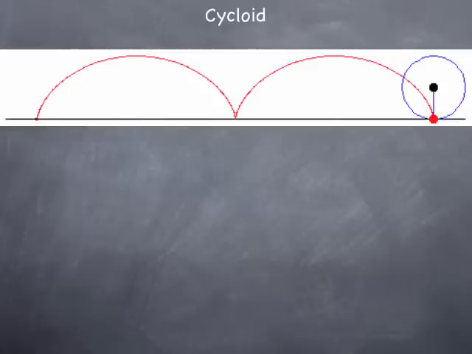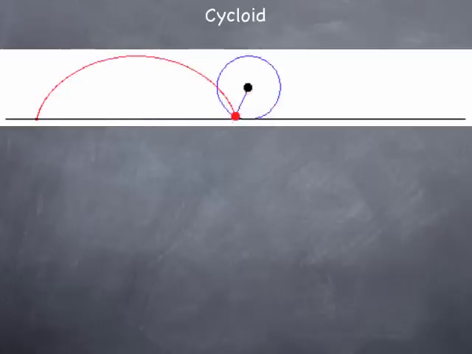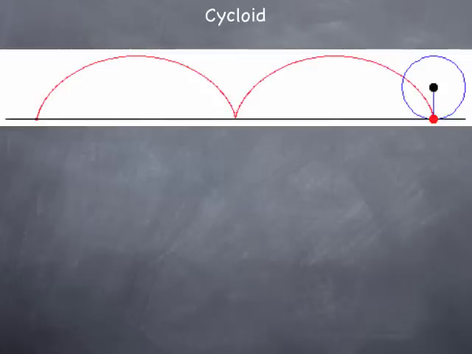You can think of that as a bicycle wheel, for instance, and the red point is the valve, and you're looking at the trajectory described by the valve as you go along with your bicycle. So let's look at what it looks like. So here what we have traced is a so-called cycloid, which is the trajectory of our valve.